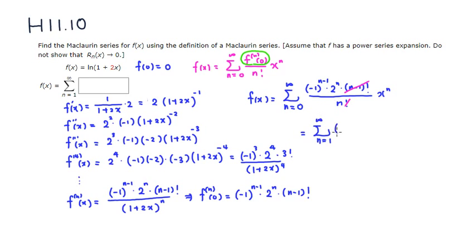Then you have negative 1 to the n minus 1. We can combine 2 to the n and x to the n, write it as 2x to the n, then over n. Let's type it in.